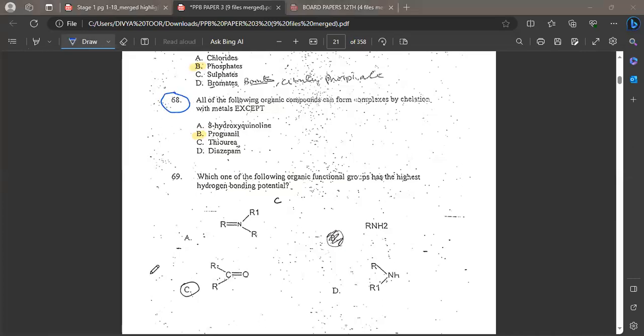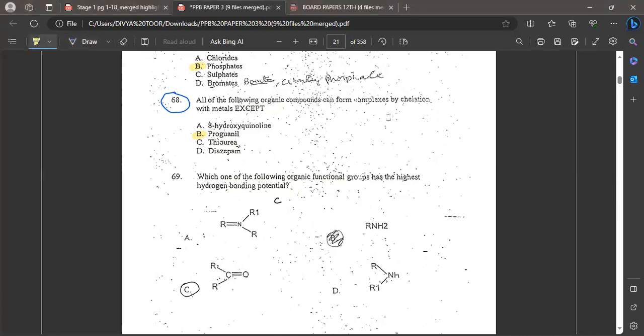I'm trying to look for it, but once I get it, I'll correct the answer if it's not this. According to Google, B and diazepam all have functional groups that can participate in chelation with metal ions, allowing them to form complexes. So 8-hydroxyquinoline and proguanil. So the answer is diazepam.